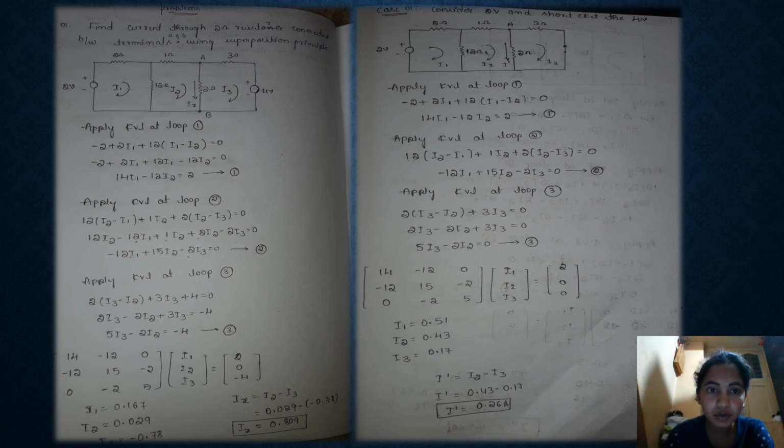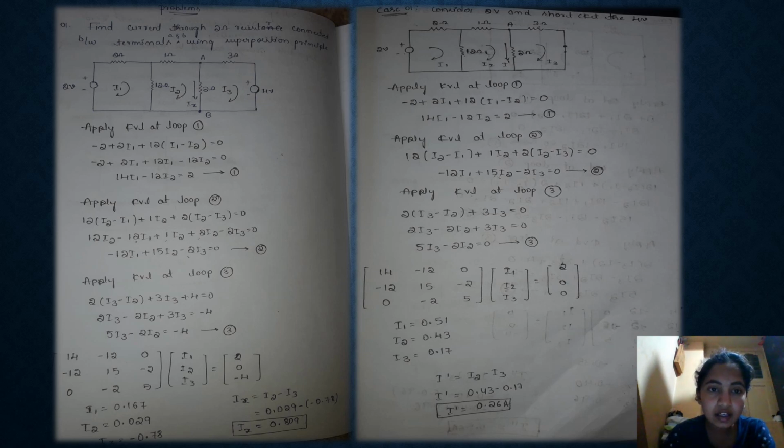So if we come to loop 3, apply KVL to loop 3, that is 2 I3 minus I2, because I3 is flowing from here and I2 current is coming from here. So 2 I3 minus I2 plus 3 I3 plus 4.